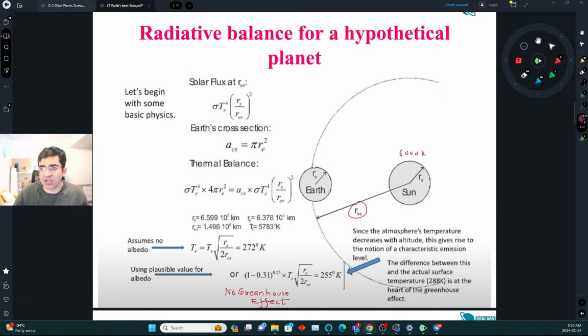We take the cross-sectional area of Earth, and then Earth will be emitting some radiation. If we make this calculation, at what temperature will there be equilibrium? Equilibrium means outgoing radiation equals incoming radiation. The answer that we get is 255 Kelvin. How much is that in degrees Celsius? Can anyone tell me?